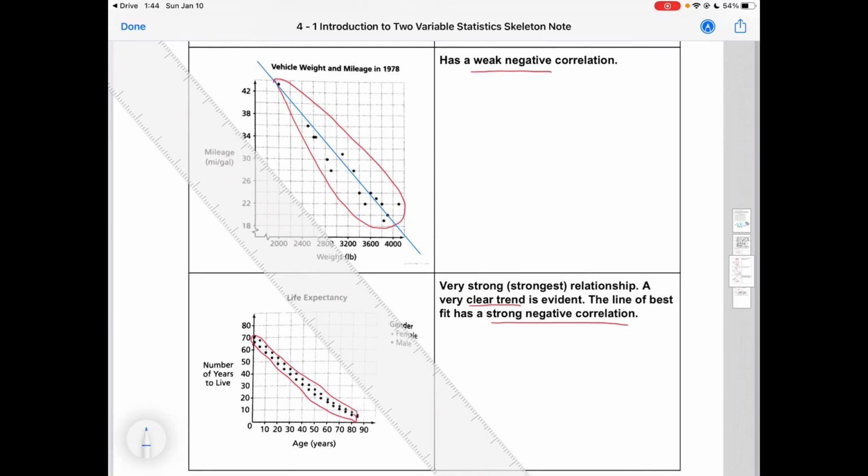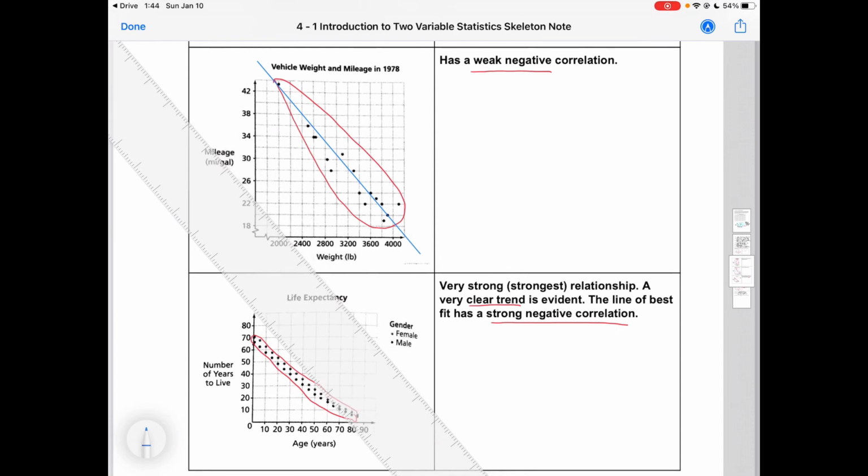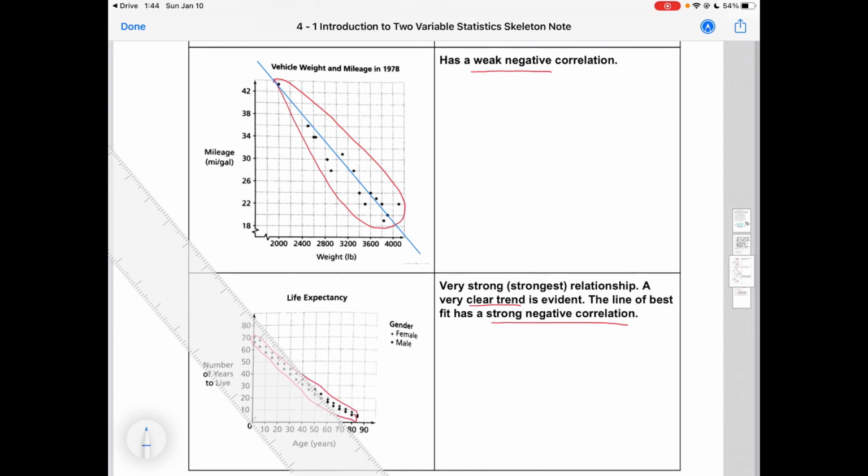What I can see is that the points are somewhat close to the line of best fit that I've drawn going through the points. There is a mathematical way to calculate it. For right now, we are just eyeballing it, which is fine.